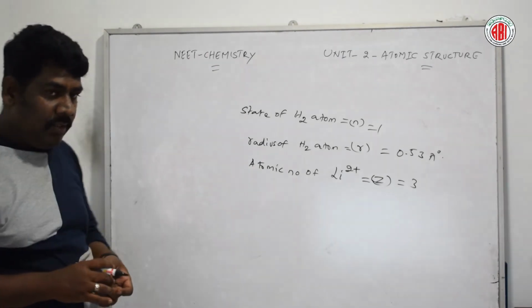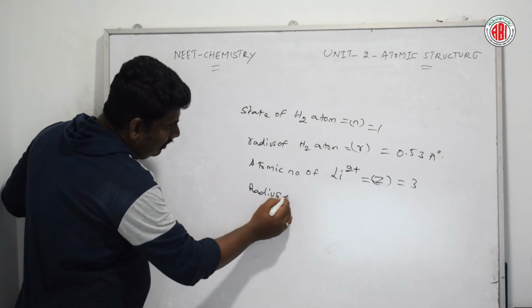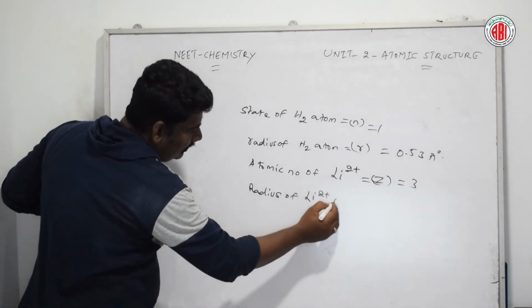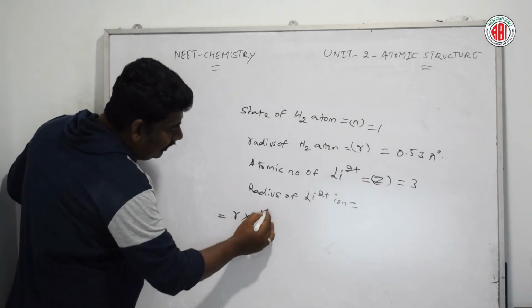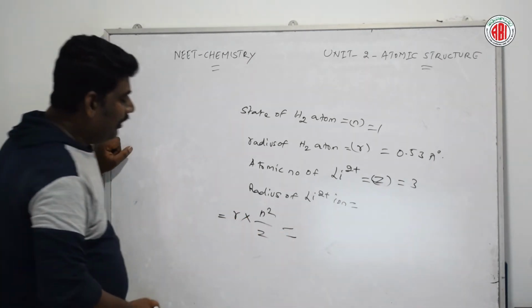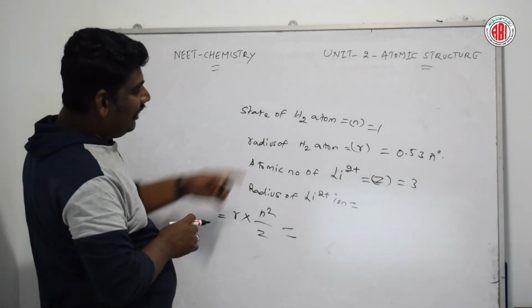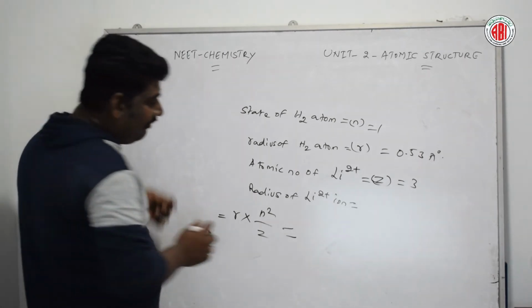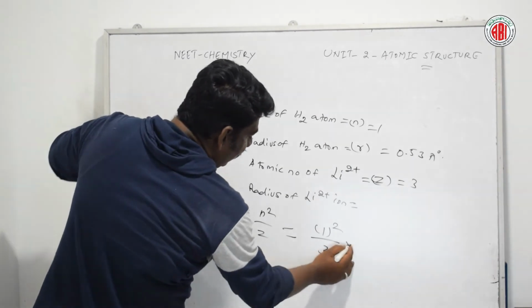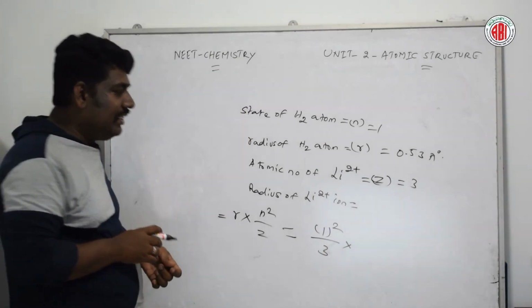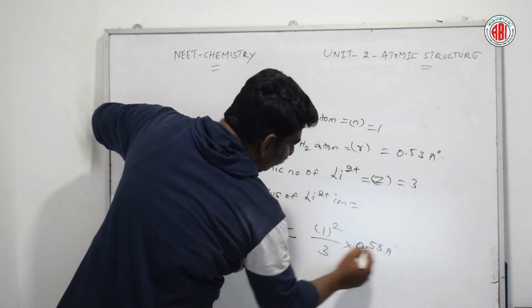Now the radius of the lithium 2 plus ion: let us write the formula, n square by Z into the radius of the hydrogen atom. The n square is the state of the hydrogen atom, given here as 1, so 1 square by 3 into 0.53 Angstrom.